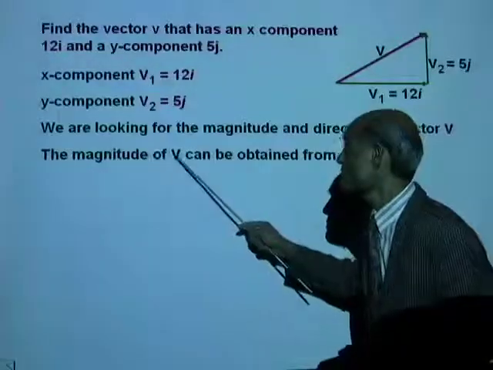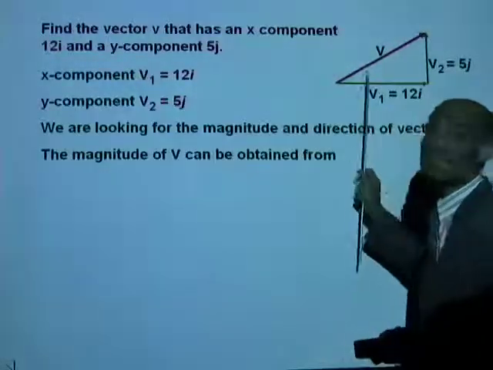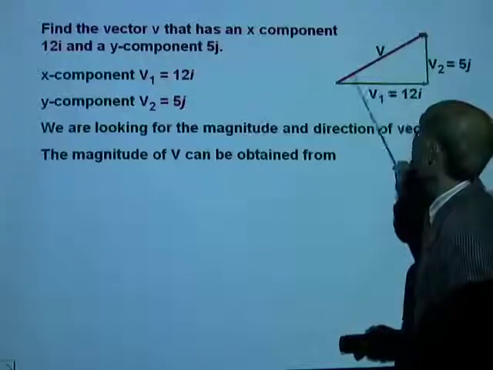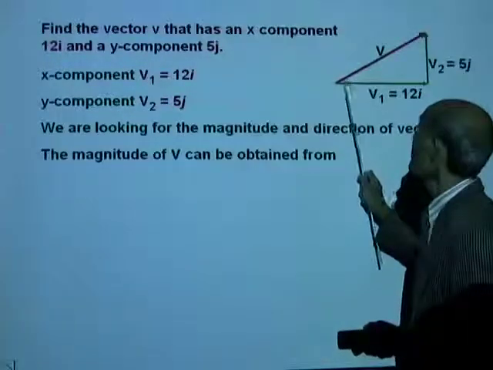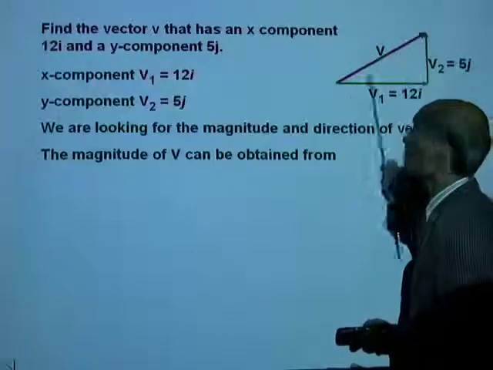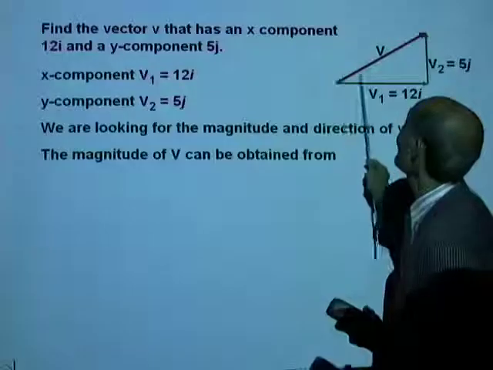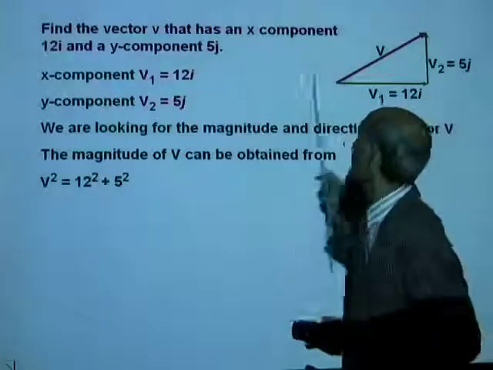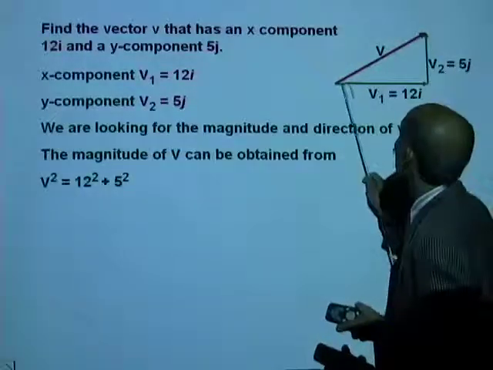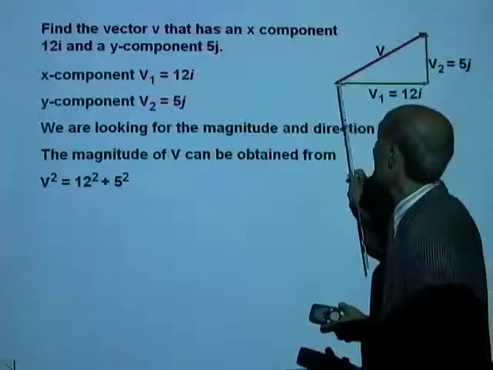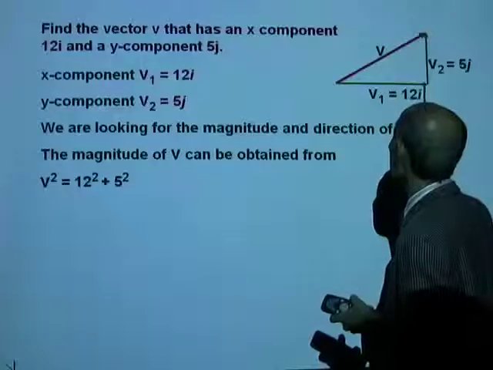Alright, the magnitude of v can be obtained. Tell me, anybody tell me, how do we obtain the length of this vector? If you look at this right triangle, you can use the Pythagoras theorem to obtain the length there. So we get v squared equals 12 squared plus 5 squared. The length of this leg is 12.